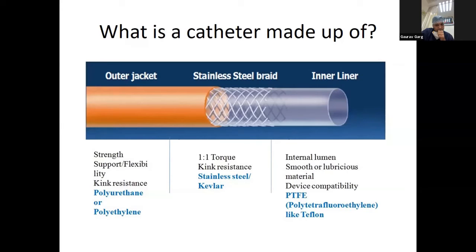The outer jacket gives strength and flexibility, and it is kink resistant. Braiding is done so that we can give adequate torque and it is kink resistant. The internal lumen is usually made up of PTFE so that there is smoothness in the vessel, it is device compatible, it does not rub against the materials, and it does not absorb water.